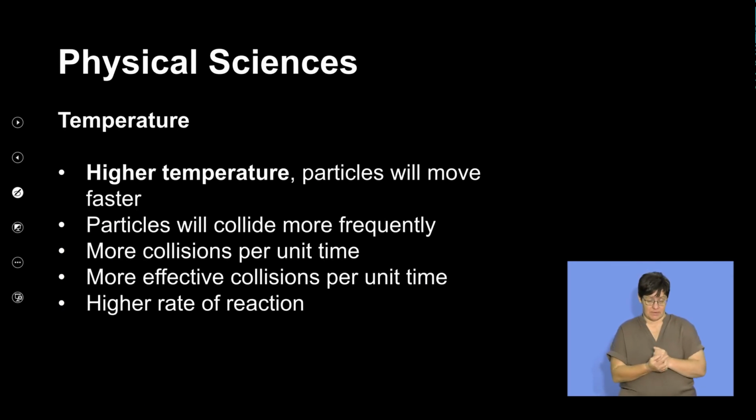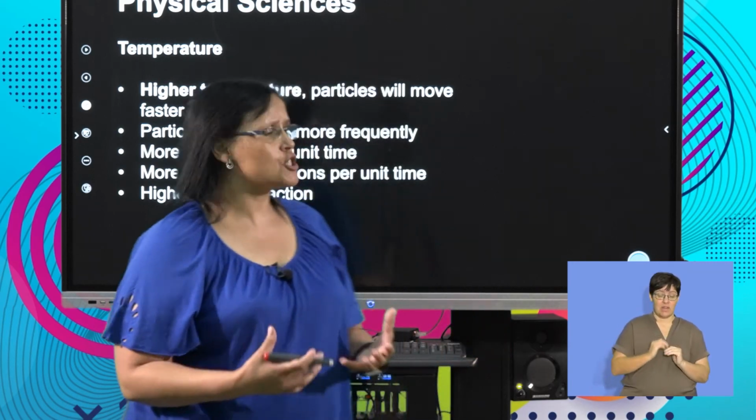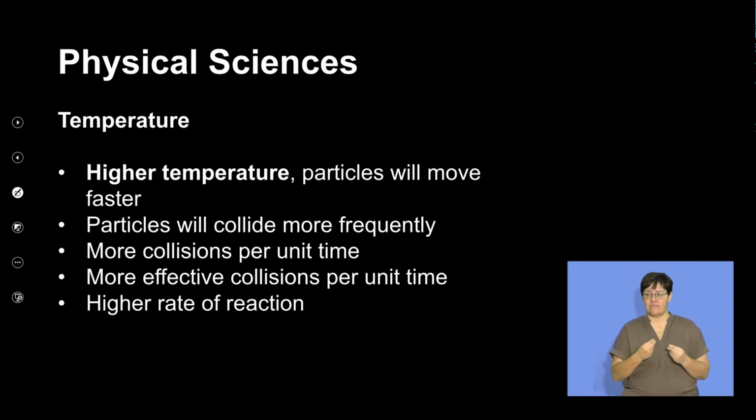If we explain that in terms of the collision theory, we can say at a higher temperature, we have particles that move faster on average. The particles will collide more frequently, meaning they will bump more frequently.